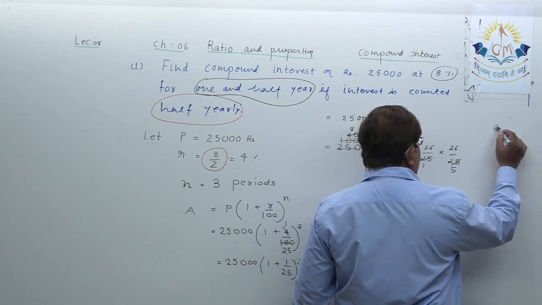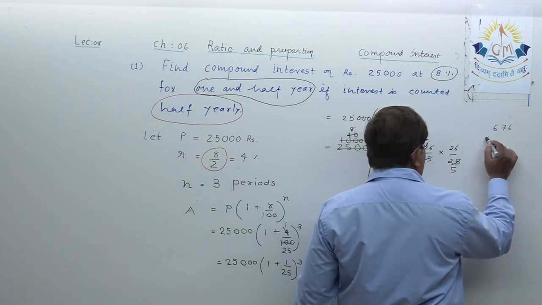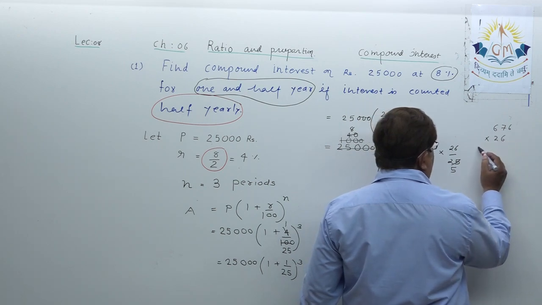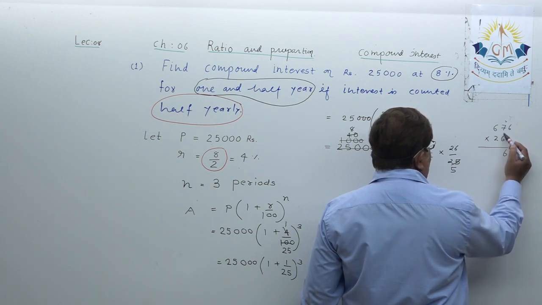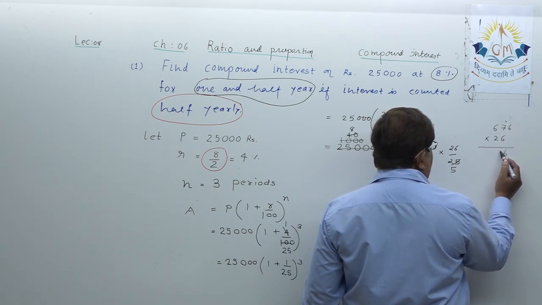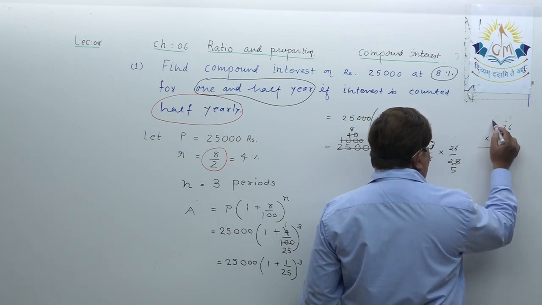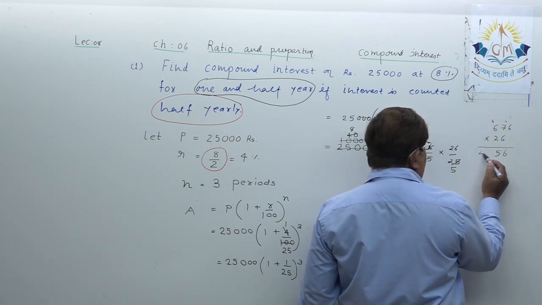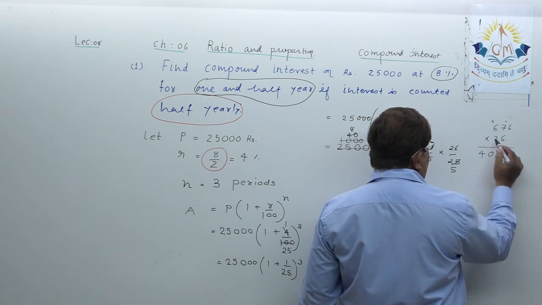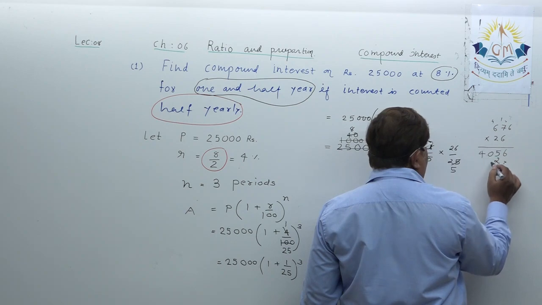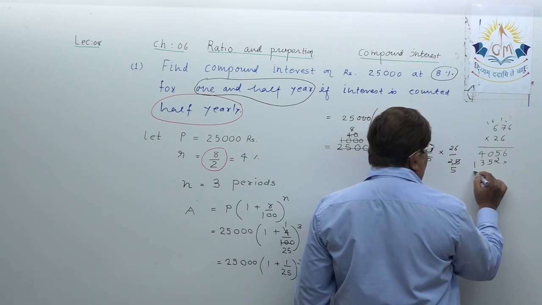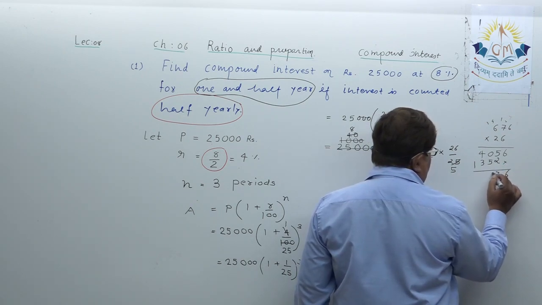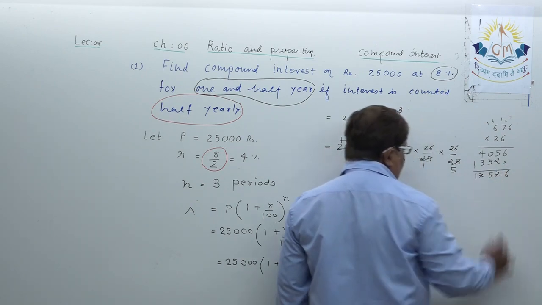You can also do it with me. 676 into 26. 6 sixes are 36, 3 carry. 6 sevens are 42 plus 3, 45, 5, 4 carry. 6 sixes are 36 plus 4, 40. Further, 2 sixes are 12, 1 carry. 2 sevens are 14, 1 is 15. 5, 1 carry. 2 sixes are 12 plus 1, 13. So 17576.